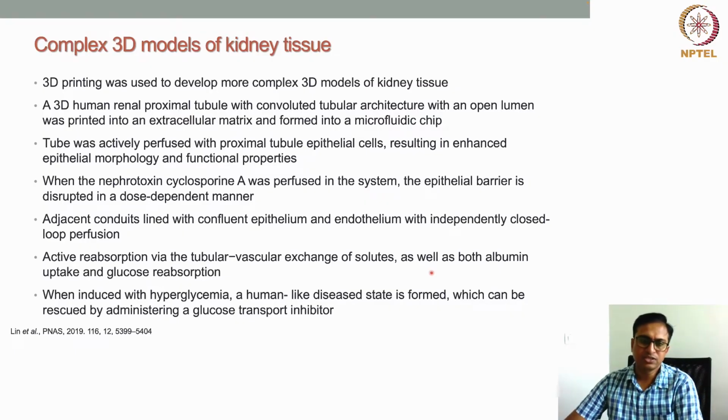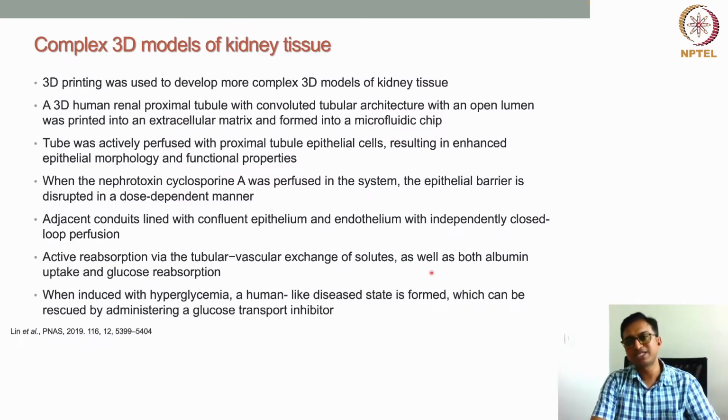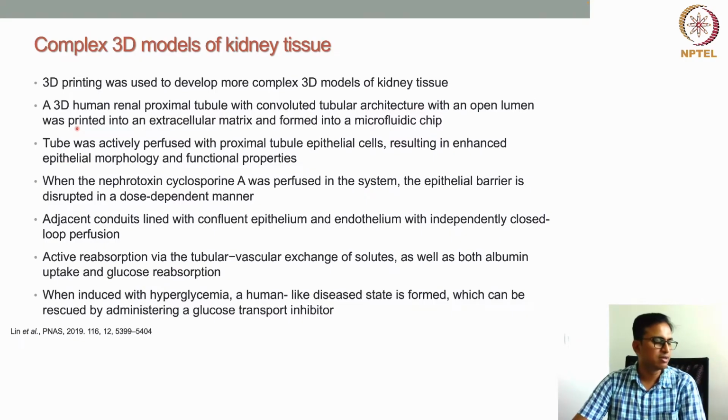Like the first research paper, published by Lin et al. in PNAS, where they used a 3D printing technique for development of complex 3D models of kidney tissue. They printed a human renal proximal tubule with convoluted tubular architecture and an open lumen structure, printed with extracellular matrix, and then formed into a microfluidic chip.